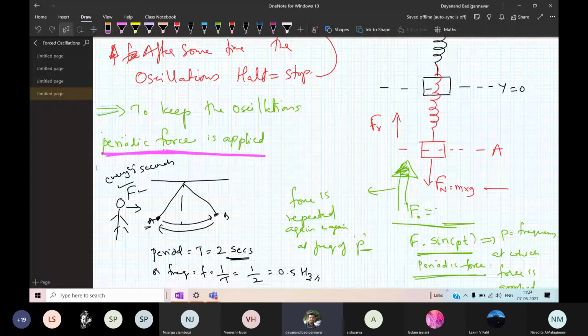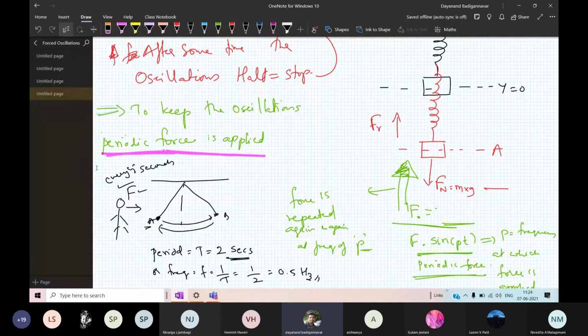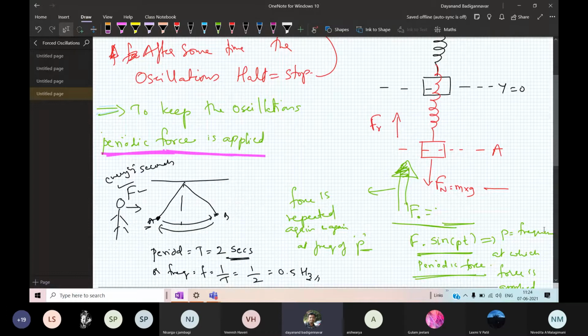Regular interval means periodic force has to be applied. If you multiply the force with a sine function, that force becomes periodic, and it has a frequency equal to p. P is nothing but the frequency at which the force is applied.